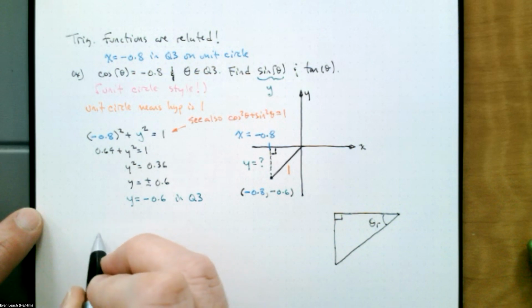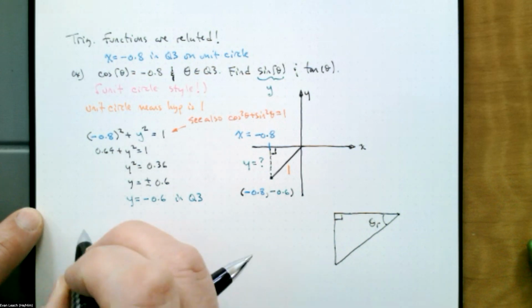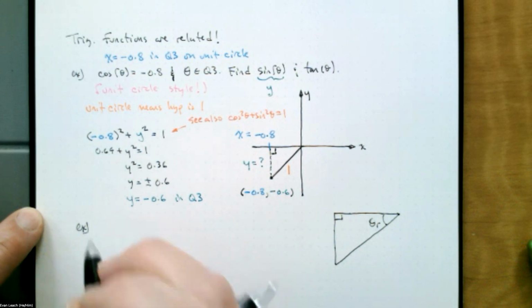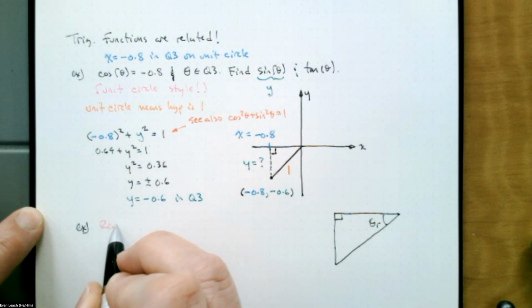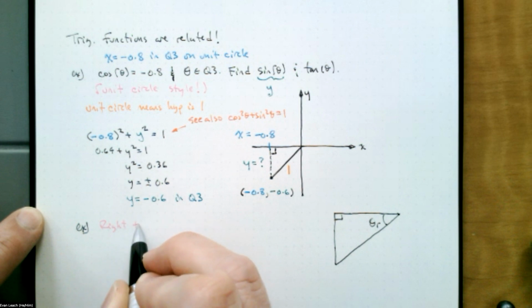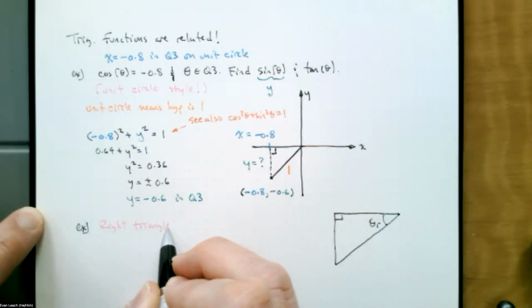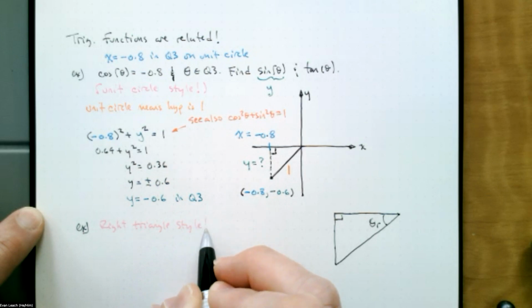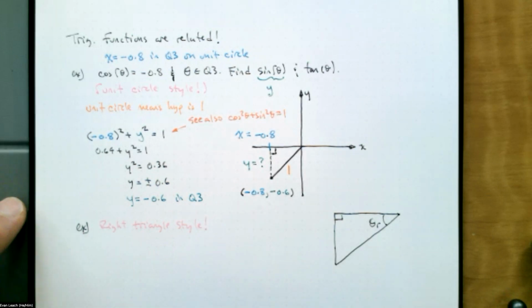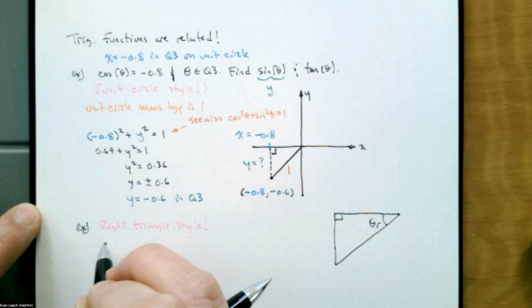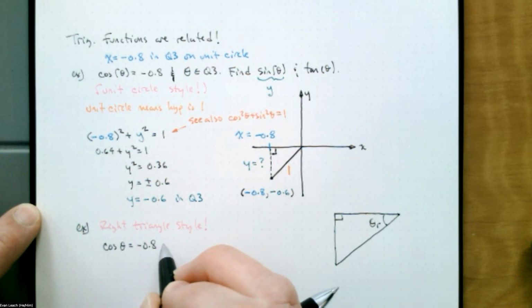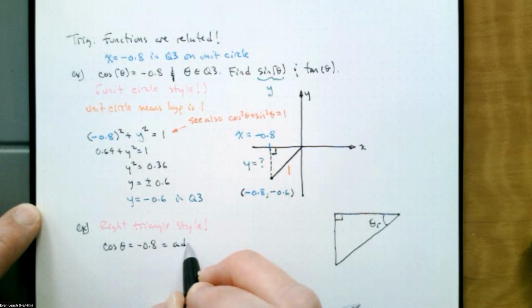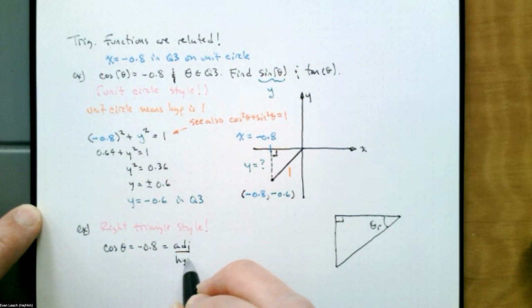This is the right triangle approach. When I write cosine of theta is negative 0.8, this is adjacent over hypotenuse.